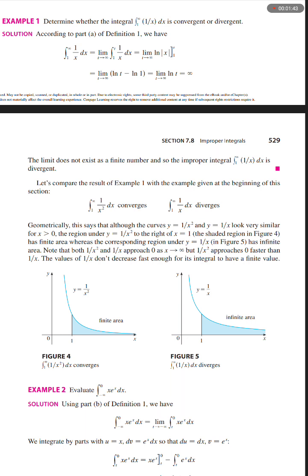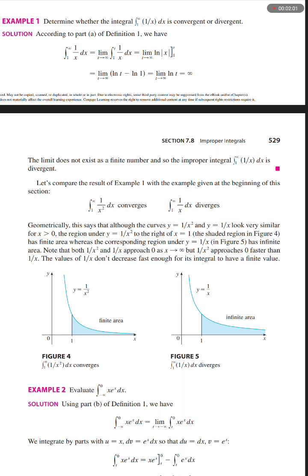Let's compare the result of example 1 with the example given at the beginning of this section. The integral from 1 to infinity of 1 over x squared dx converges. The integral from 1 to infinity of 1 over x dx diverges.